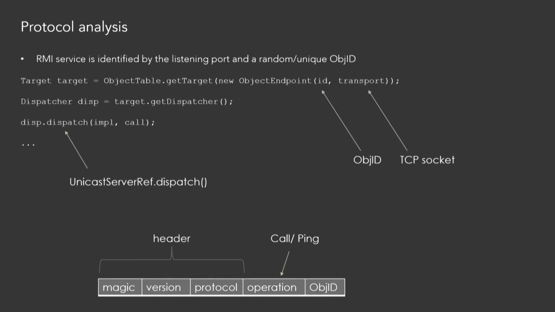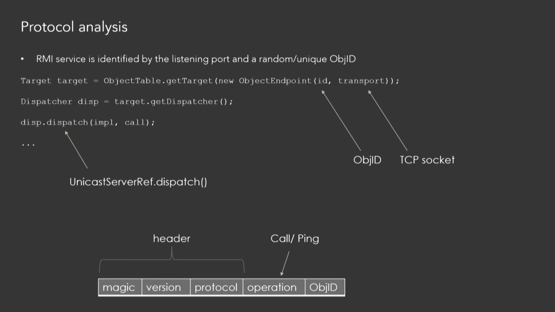Cool. Then there's the object ID. This will be the main identification for the RMI service. Basically, it's a unique identifier. It has random values, which will be used to identify that service among everything else. So here you can see it in the code.